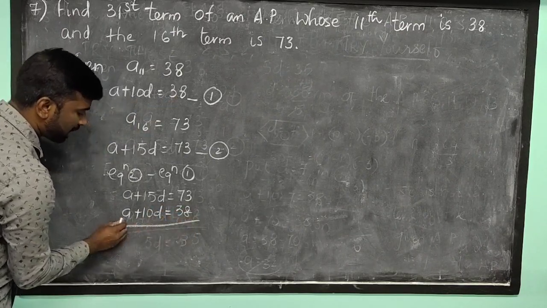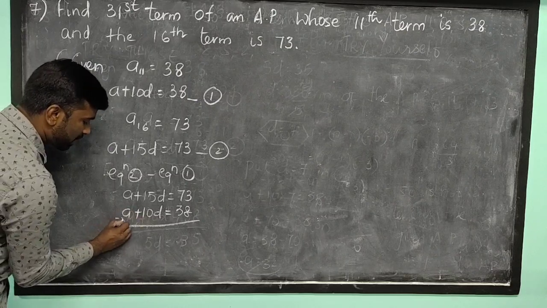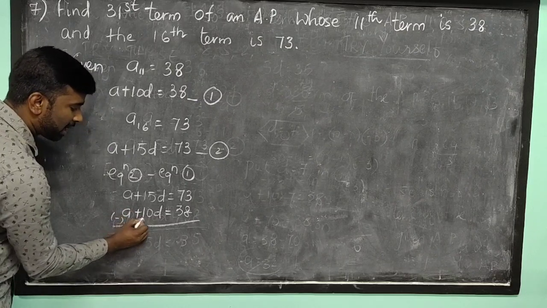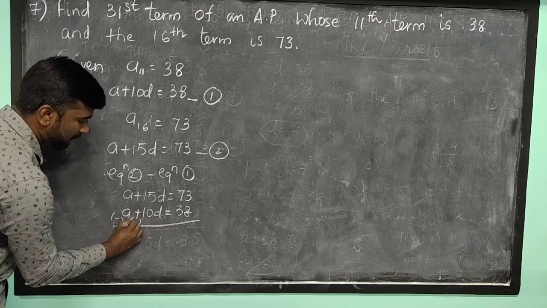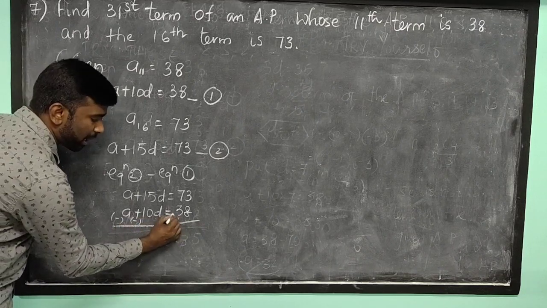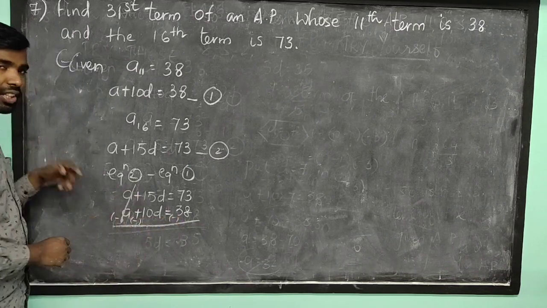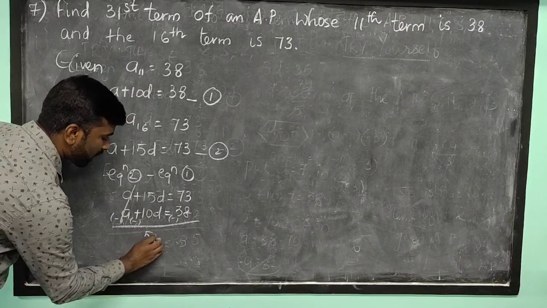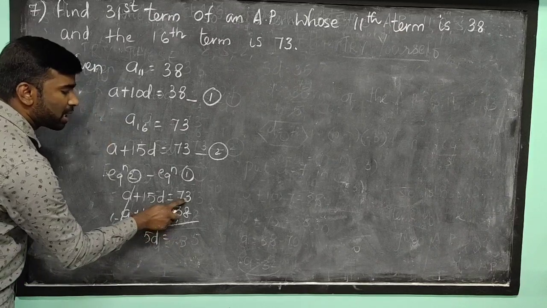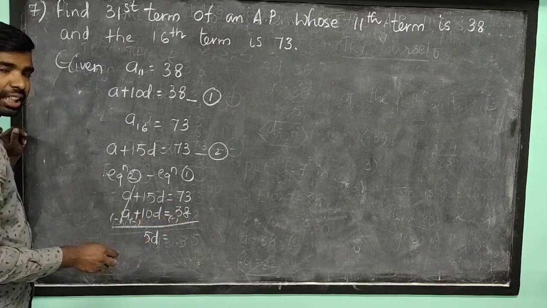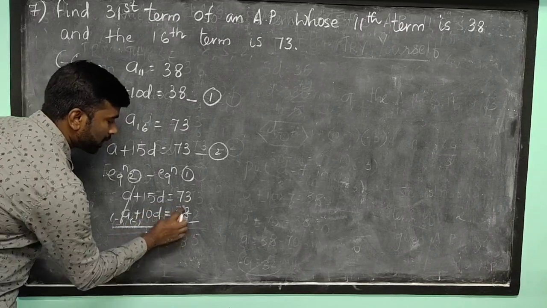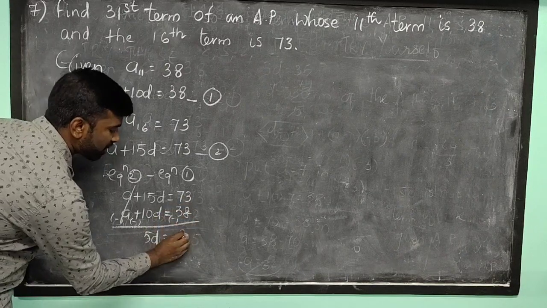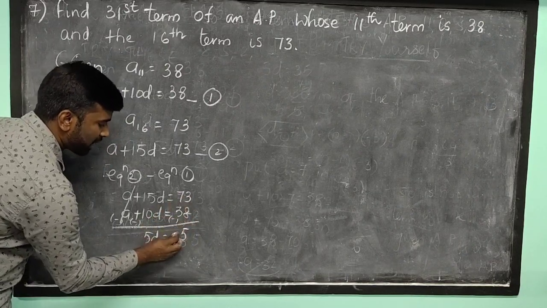Now in the subtracted equation, all the signs will be changed. That is, plus a becomes minus a, plus 10d becomes minus 10d, plus 38 becomes minus 38. Now plus a minus a will cancel out. 15d minus 10d is 5d, which is equal to 73 minus 38, which is 35.